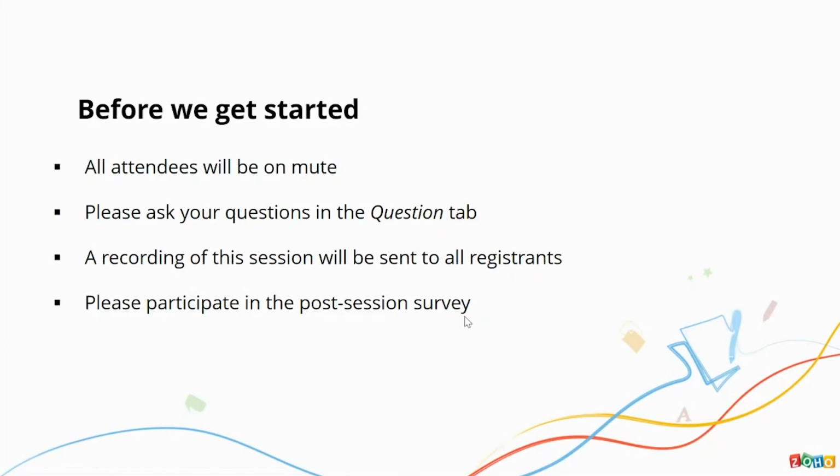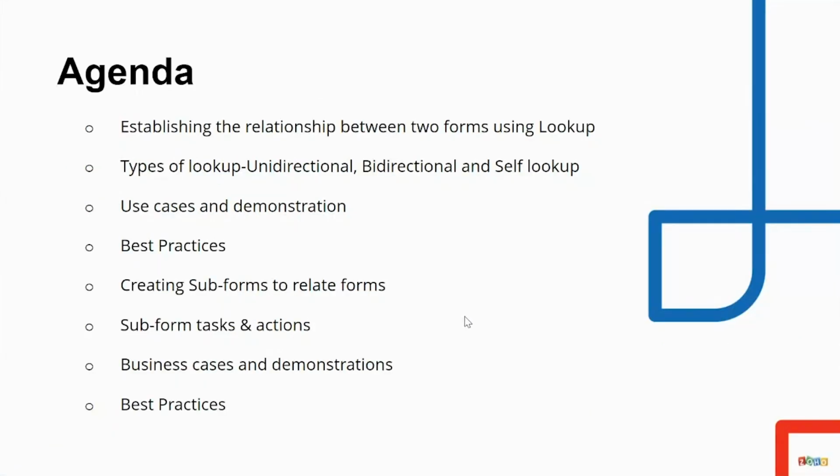In today's session, I'll be taking you through the list of topics listed in the agenda. First one is establishing the relationship between two forms using lookup. What are the types of lookup? I've listed a few use cases, and I'll be taking you through the demonstration as well. What are the best practices that need to be followed while using lookup?